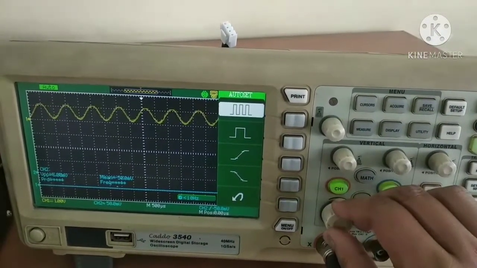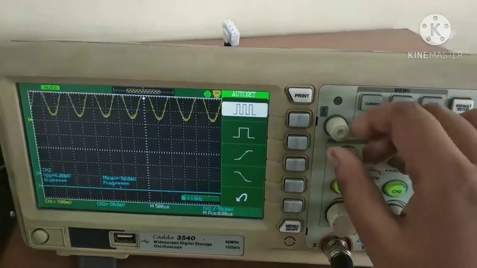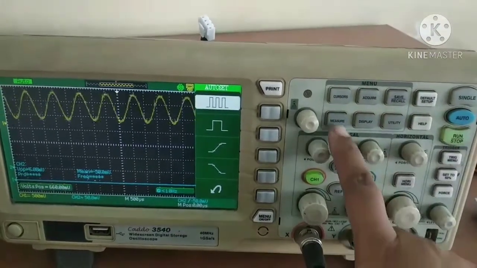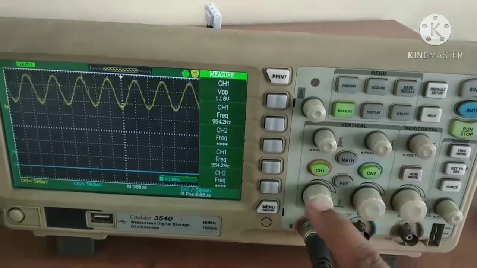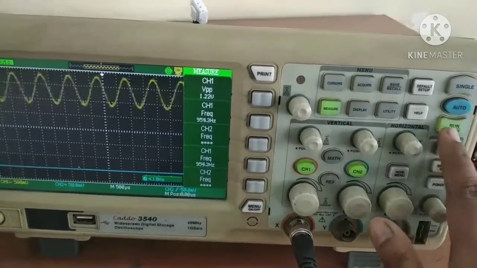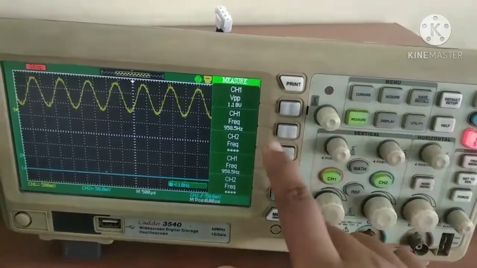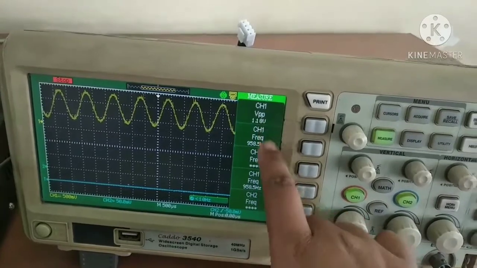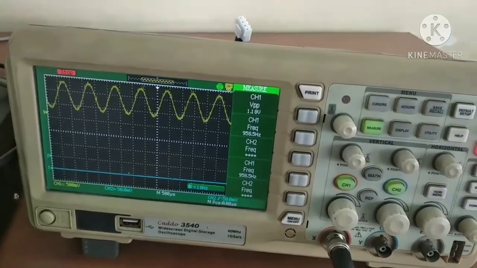Then we need to press the measure button. When we press the measure button and then the run stop button, the value is showing on the screen.